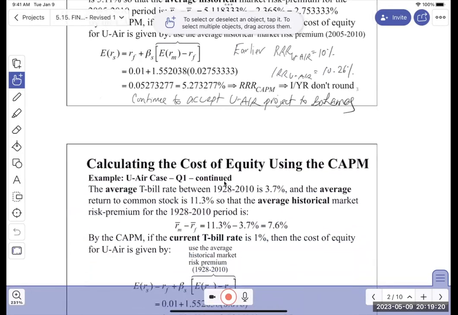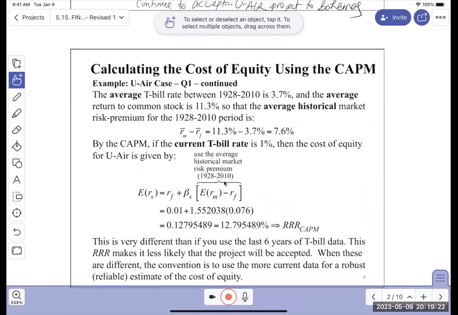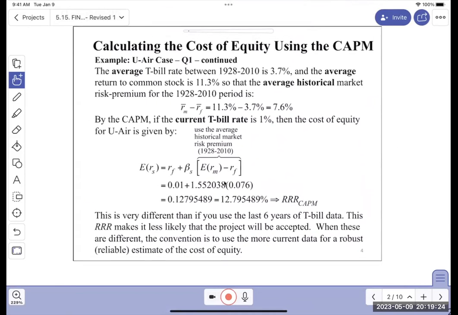But what if we say, well, let's just make sure this is the right way to do this, since we have a whole lot of data. Why don't we use all of the data to calculate the average historical market risk premium, rather than using just current data?